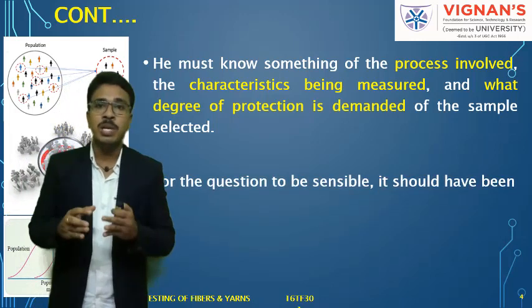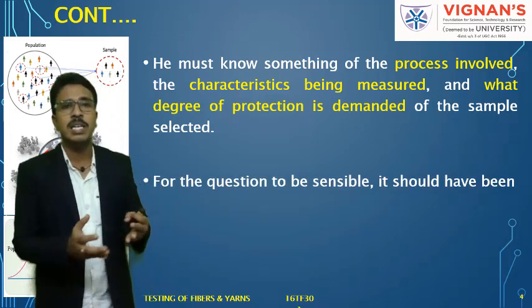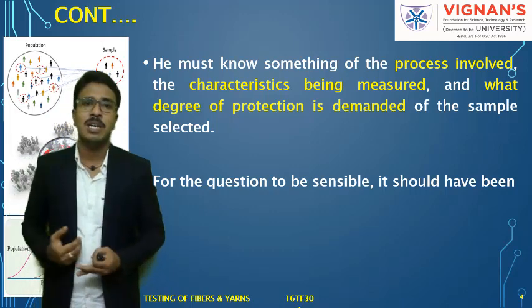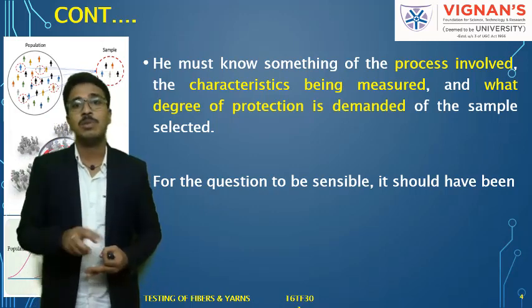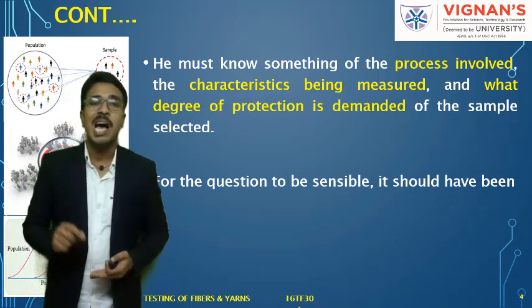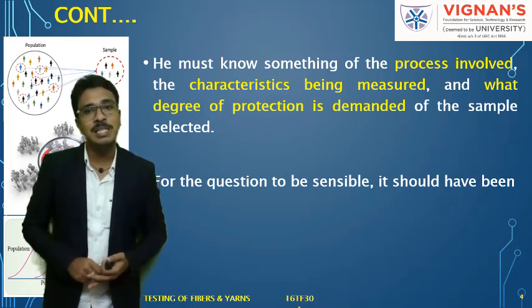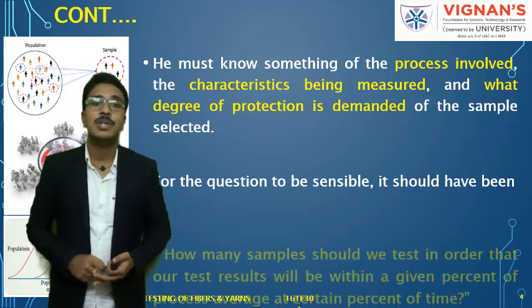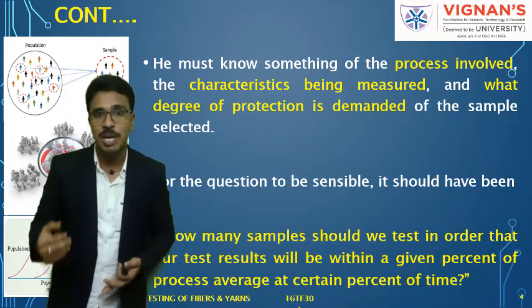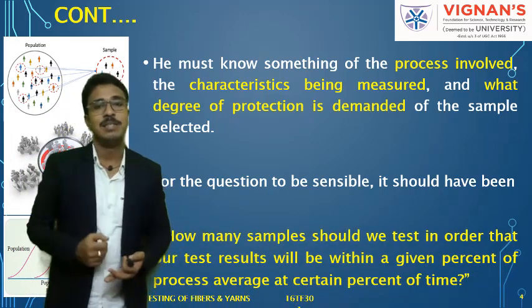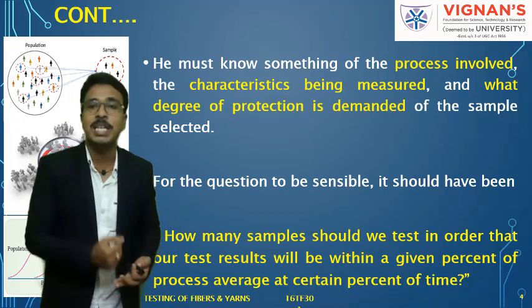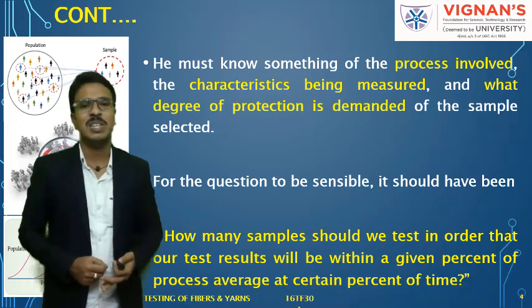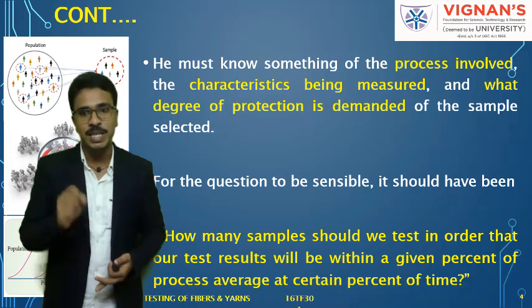By knowing these things, the quality control engineer might have assumed the sample size. And for these questions to be sensible, the question should have been like this, where I am just reading the question, you carefully understand this: How many samples should we test?